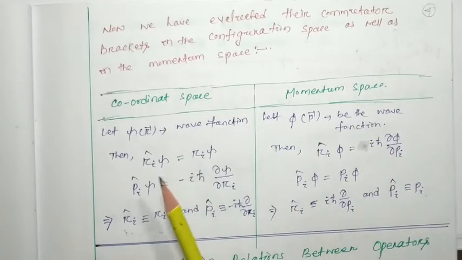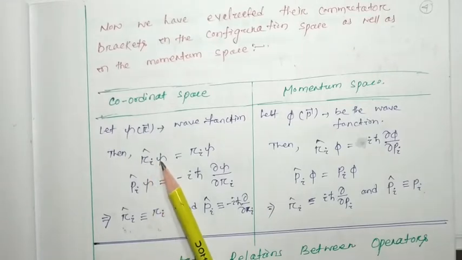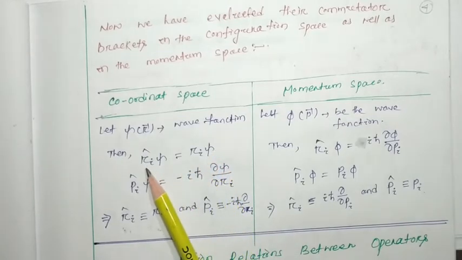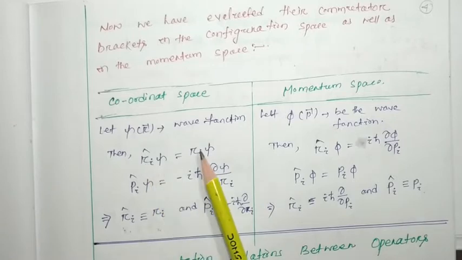Whenever we consider the position operator, in generalized form I have written i, so i can be 1, 2 or 3, where 1 is taken for x, 2 for y, 3 for z. Here Ri cap psi will be Ri psi. The position operator's value will be only that position. If we consider x cap, then it will be x psi, y cap, y psi, like that.